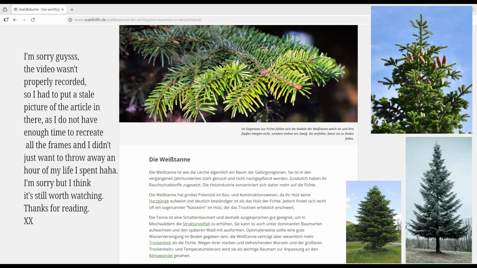So, and now we continue with the other sentence. Und deutlich means very clearly, or in this case a lot. Beständiger, this derives from the word deuten, which can either mean to interpret or to indicate, also can mean to point to something. But yeah, deutlich means very clearly, I'm not gonna get into that.